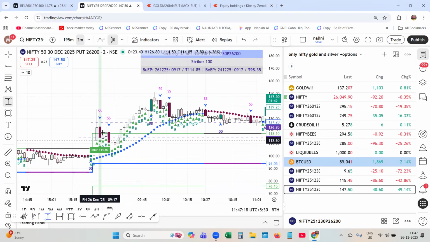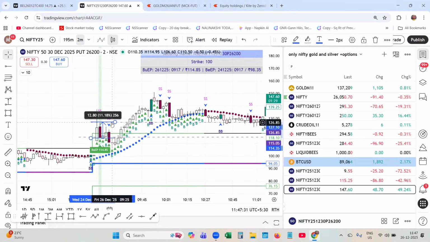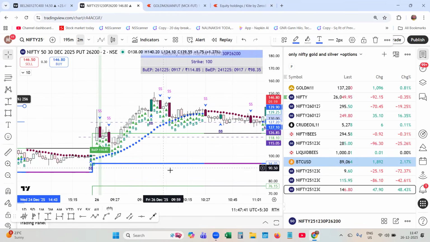See, if you put this, this is almost 12 percentage more. You can see this price range is more than 11 percentage. That's why the episodic pivot has been triggered, and also above average volume.